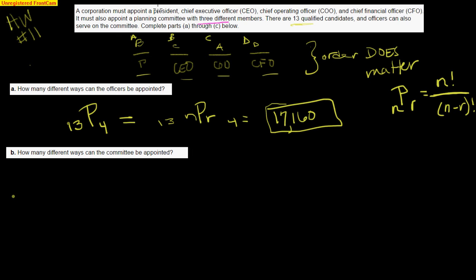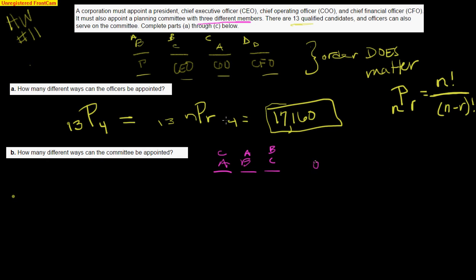However, unlike the board with very specific positions, you're just on the committee. Order now does not matter. You have 3 committee members now, but order doesn't matter. So whether you choose A, B, and C, or C, A, and then B, that should only count as 1 group. So now we do need to divide through by that double up.